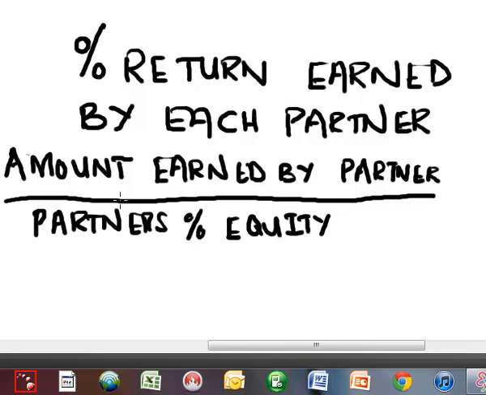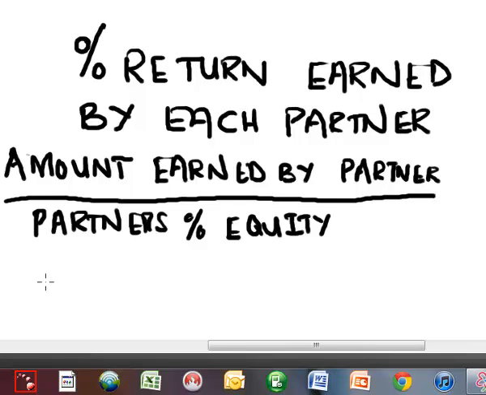In this case, in a partnership, each partner will also want his or her personal return on his or her investment. This indicator is based on the same principle as the previous indicator. The difference is that here we are working towards each partner's return.